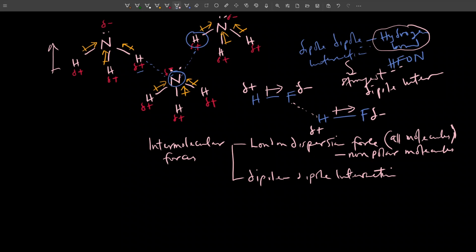And non-polar molecules have LDF, and the greater the molecular mass of that non-polar compound, the stronger the LDF. While dipole-dipole is the interaction between a dipole and a dipole, as the word implies, and there are four types. We have hydrogen bond being the strongest, we have ion induced dipole, we have ion dipole, and we have dipole induced dipole.